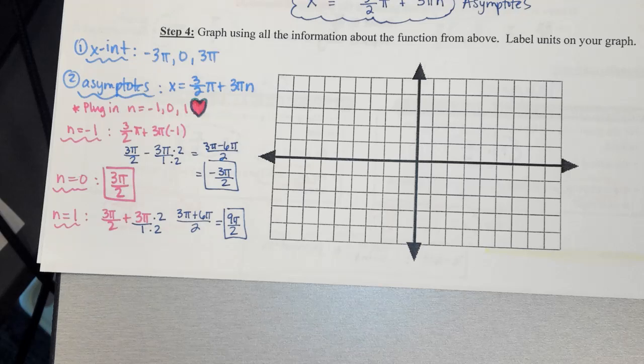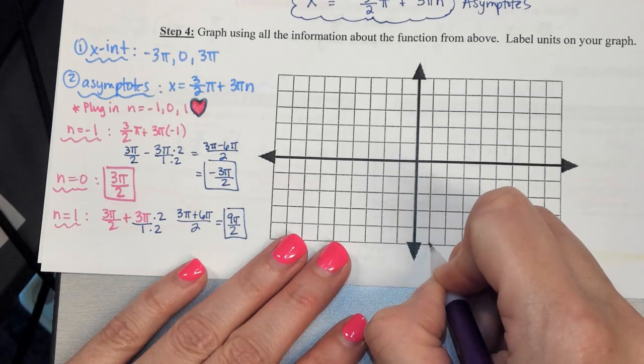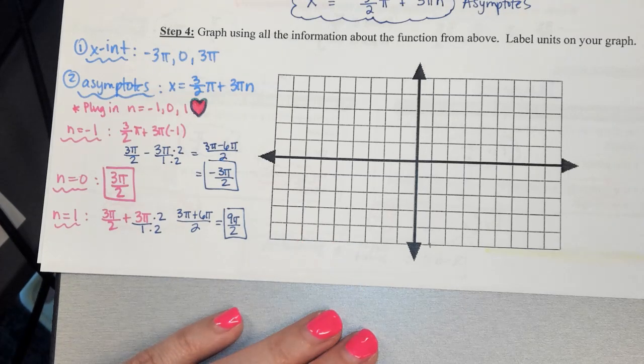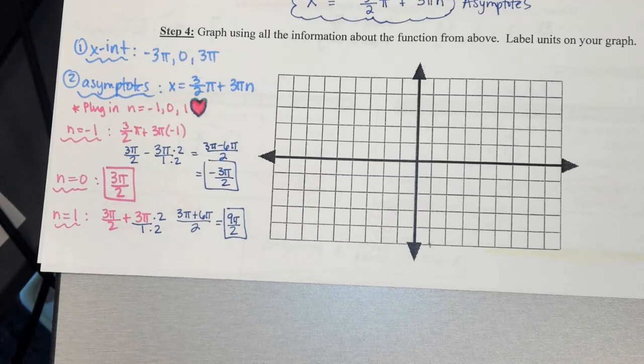You could do that. Could do 9 pi over 2, but then you have to do halves, right? Yeah, that might be a little difficult. Oh, sorry, I meant go out to pi over 2 as your maximum.